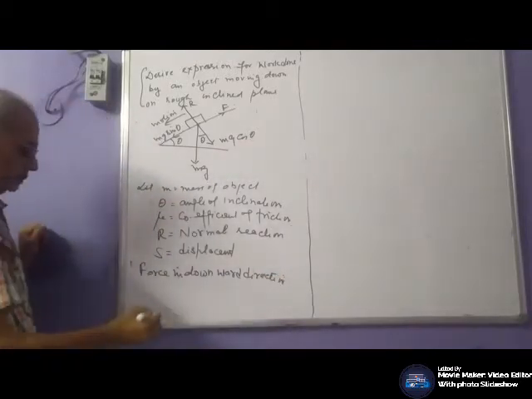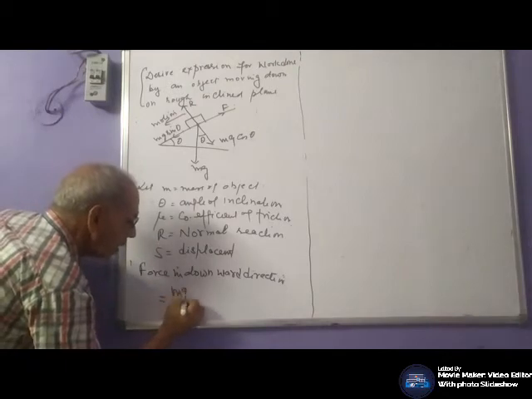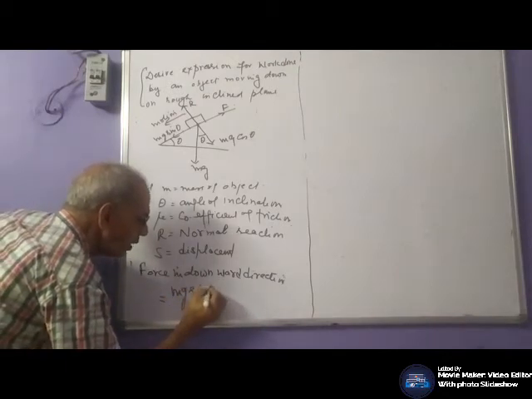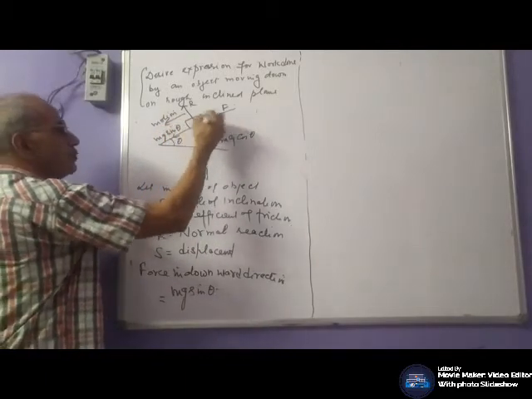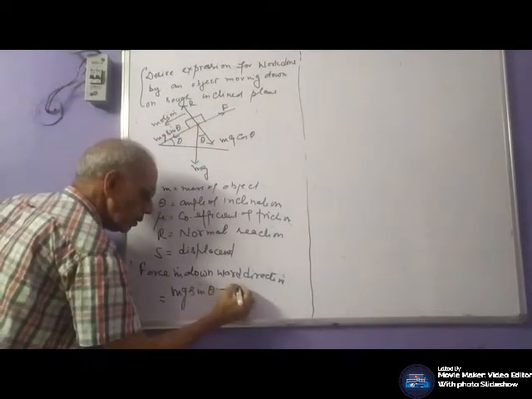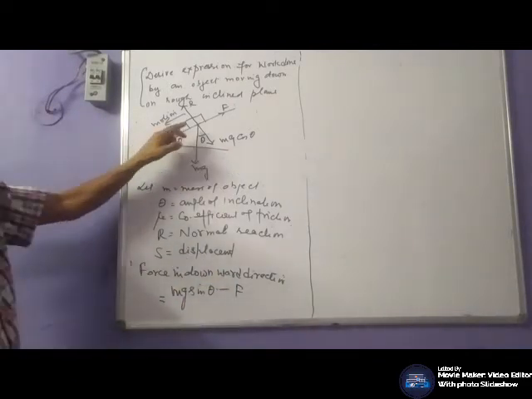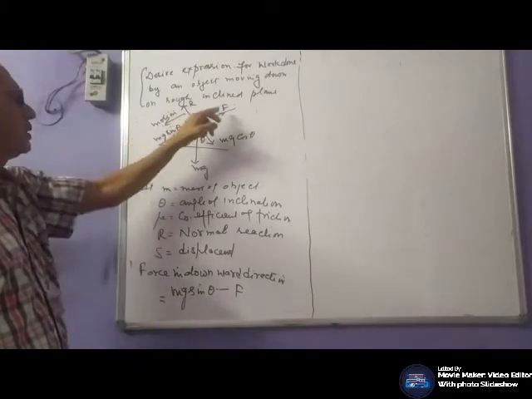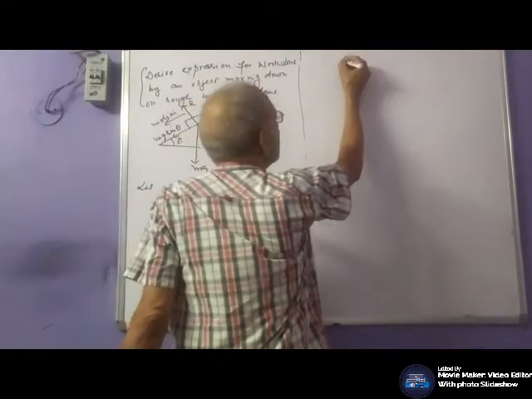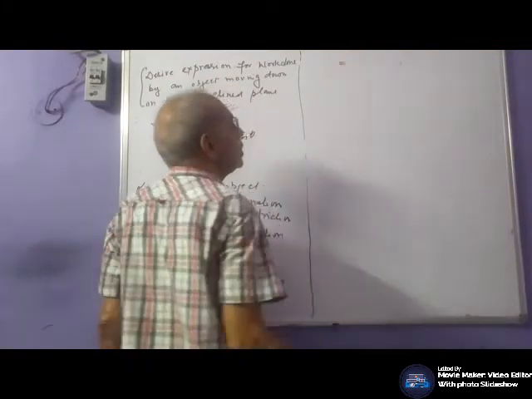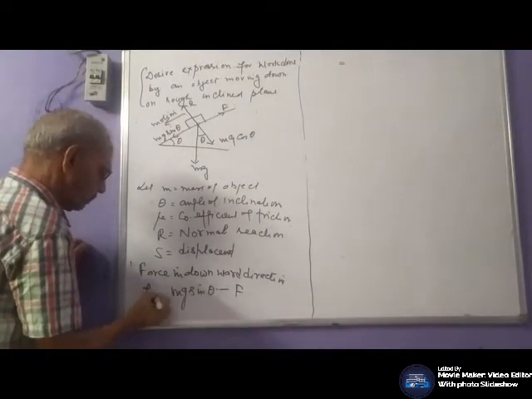See figure. mg sin theta is in downward direction. This is mg sin theta, this is force of friction. Minus F, this is net force in downward direction according to figure. Say this is small f.